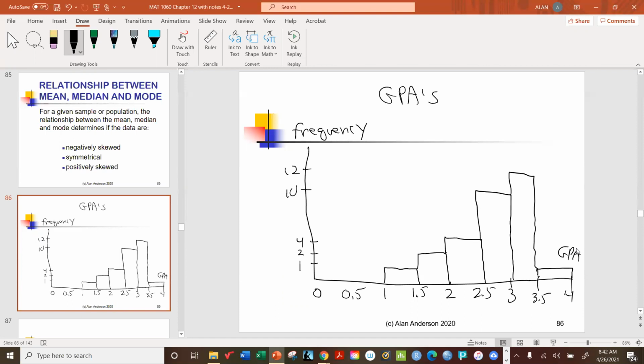Well, this is not exactly an artistic masterpiece, but what I want you to see here is that the bars themselves represent categories. These are ranges of GPAs. Each bar represents a category or range of GPAs.